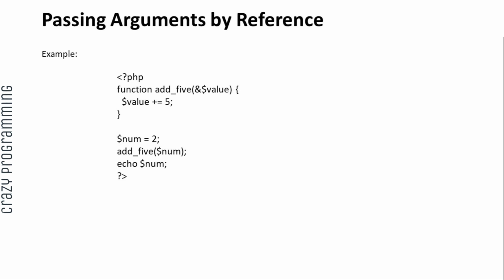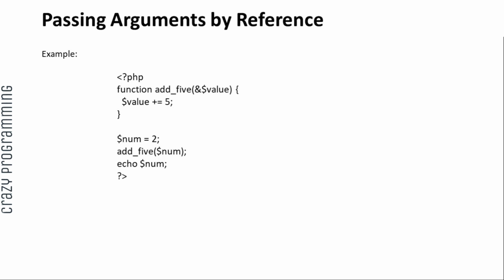Outside the function I use num equals 2, then add_five with num, and then I print num. What does this mean? The function add_five takes the value, and the value plus equals 5 means value plus 5.